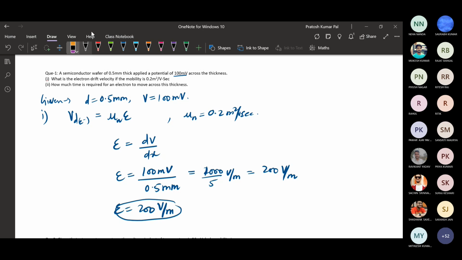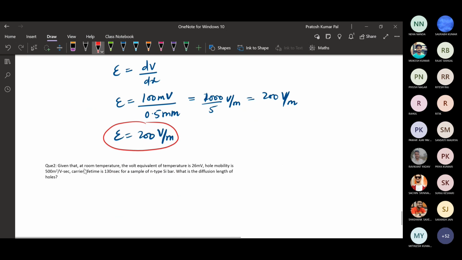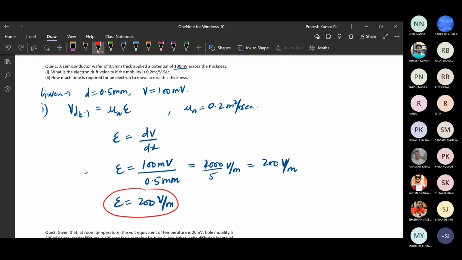So once we have found out the electric field, we can find the drift velocity. Drift velocity will be mu into E. So mu is given 0.2 meter square per volt second multiplied by the electric field, that is 200 volt per meter.